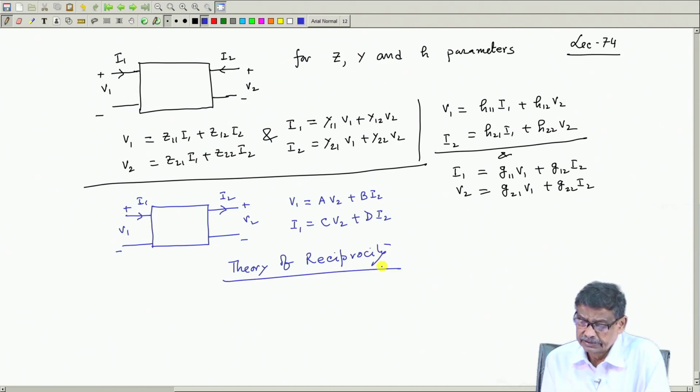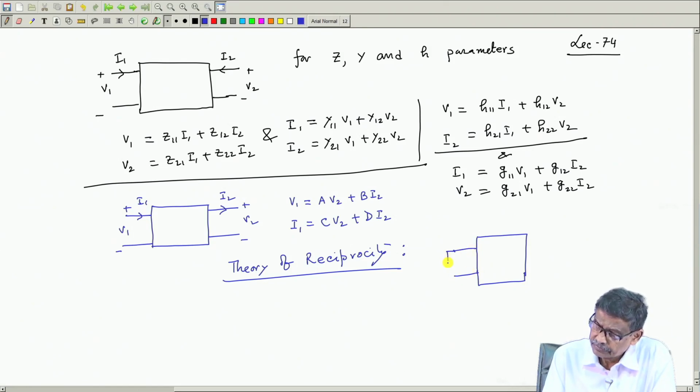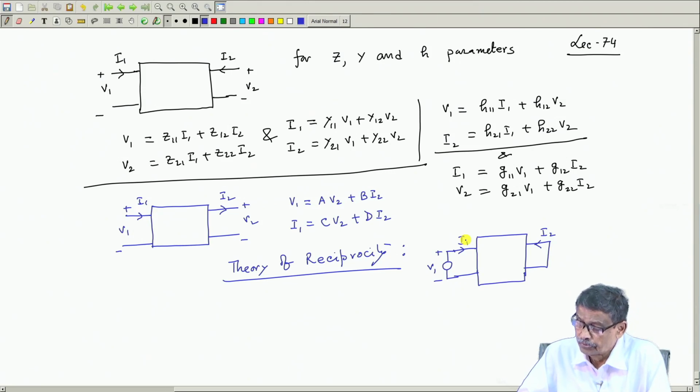You recall that the theory of reciprocity tells us that if the circuit is reciprocal, then if you apply some voltage V1 across this port, short the other terminals, and the currents are like this, I2 and I1, you do one case like this.